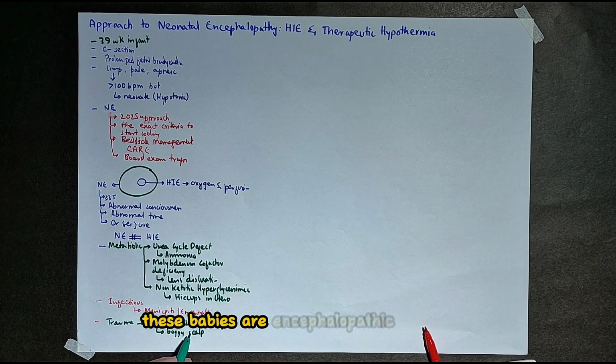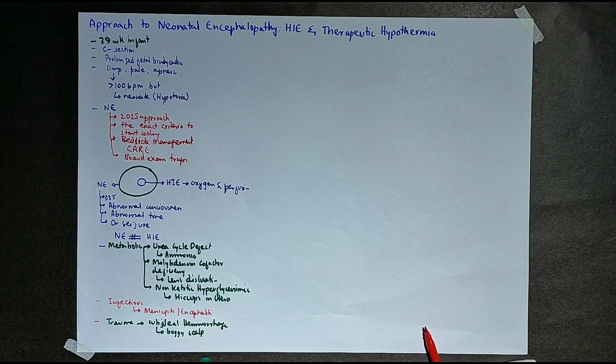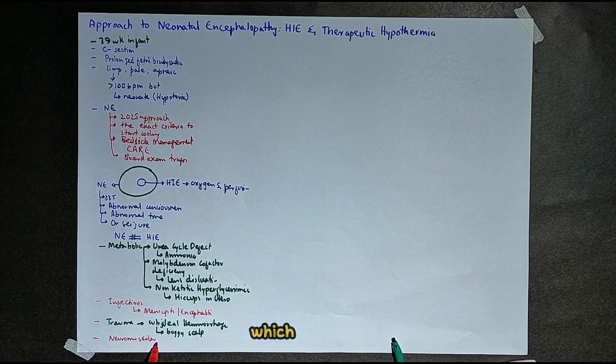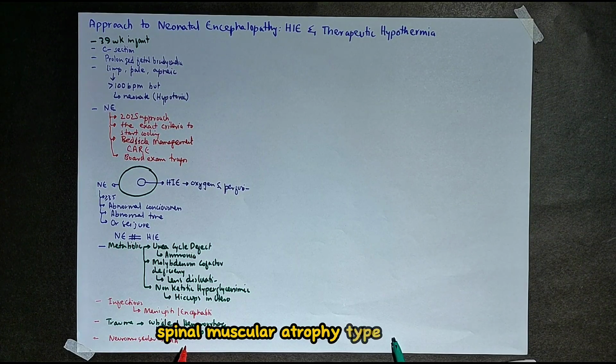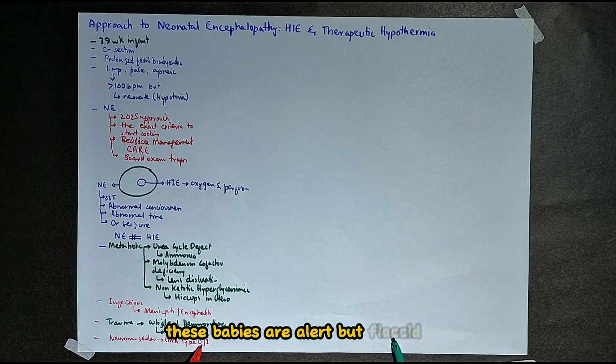These babies are encephalopathic from shock, not necessarily primary brain asphyxia. It might be due to neuromuscular causes, which include spinal muscular atrophy type 0 or 1. These babies are alert but flaccid.